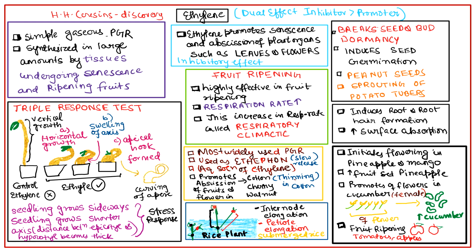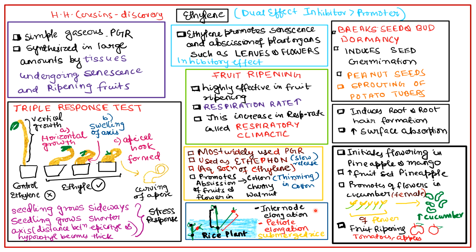What is internodal elongation? That means the distance between two nodes, where the leaves bud out. That is called a node. The distance between the two nodes increases. Also the petiole, the stalk, right? This is your node, this is a leaf. So that petiole distance also increases.